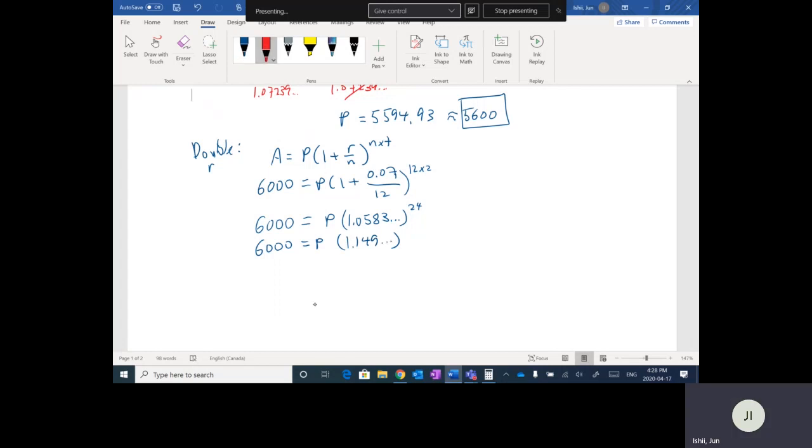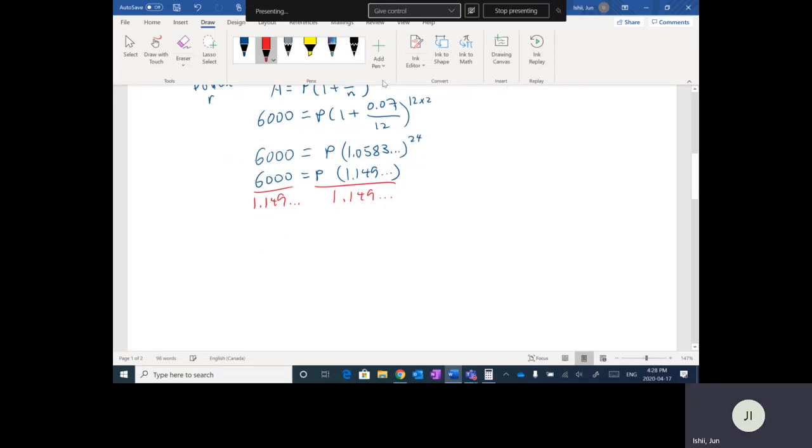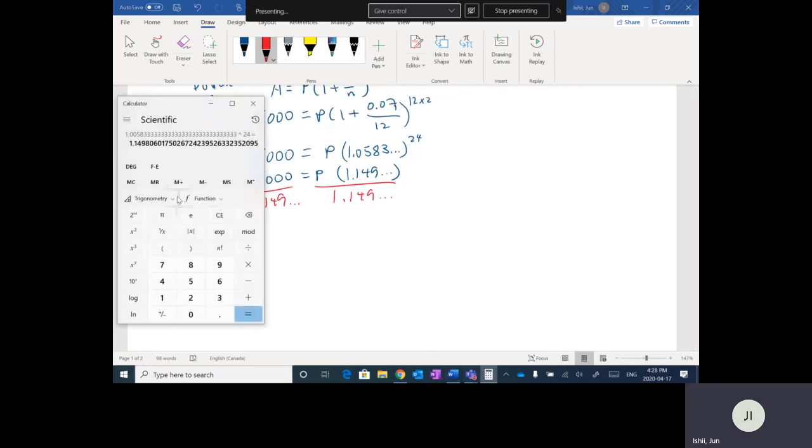So next we're going to divide by that number and see what we get. Okay, so I'm going to store that in my memory. Take 6,000 divided by, oops, no, that's not the number I wanted. So let's try that again. Okay, 1.058.